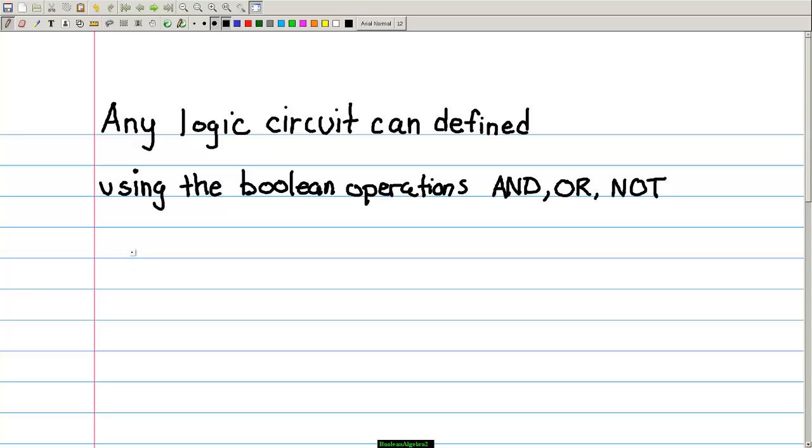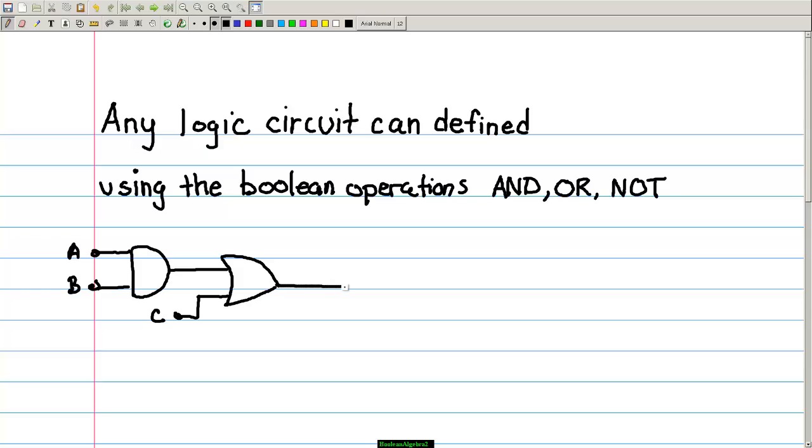If we had an AND gate with two inputs, A and B, and the output of that AND gate fed into an OR gate, like so, and there was a third input here, which we label C, and we wanted to find the output X in the form of a Boolean equation.